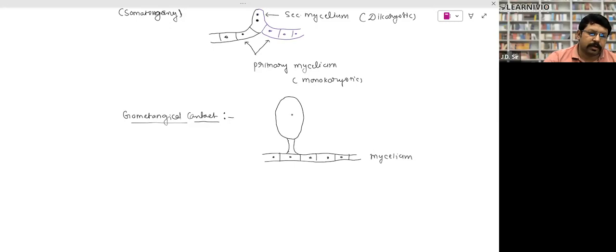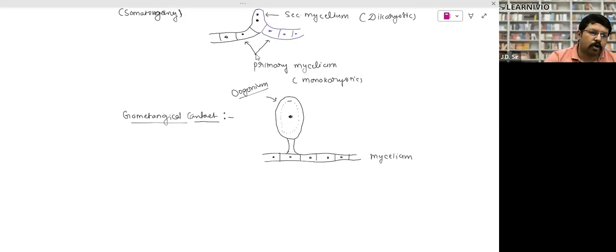So this is a female sex organ, and this female sex organ is very large in shape. This is called egg or oogonium. So this female sex organ is called oogonium. Oogonium will have a nucleus.